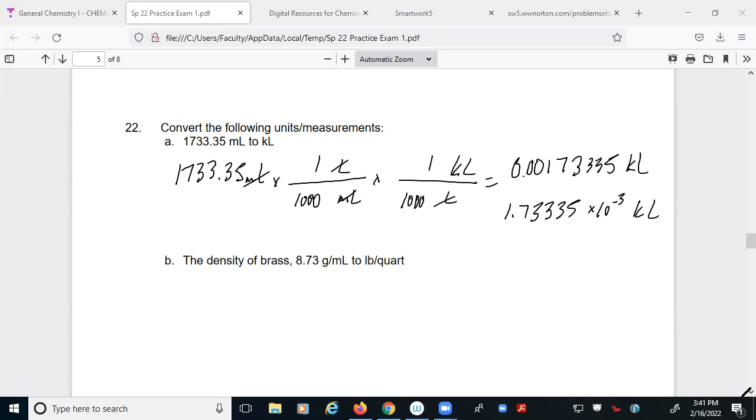I would accept either answer. In fact, my calculator automatically put that into scientific notation for me. That's just its default for anything that is less than 0.01.